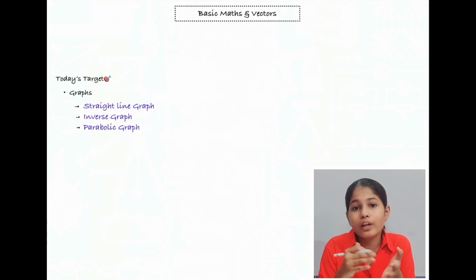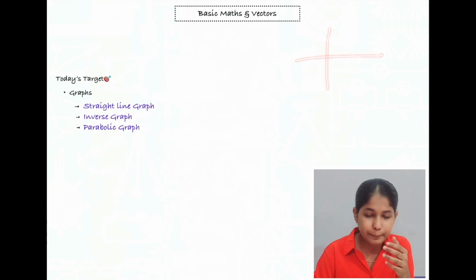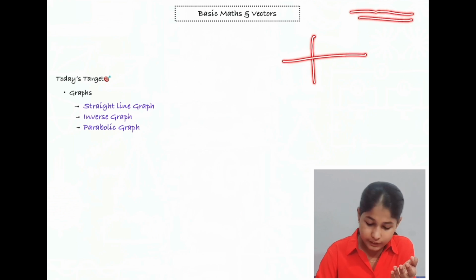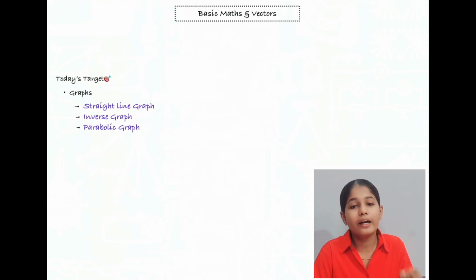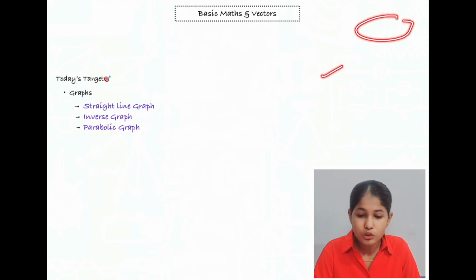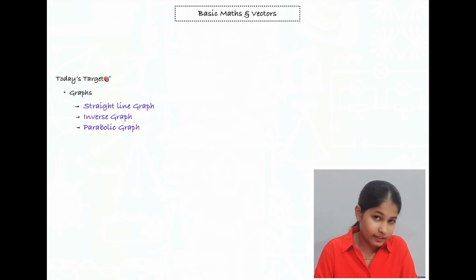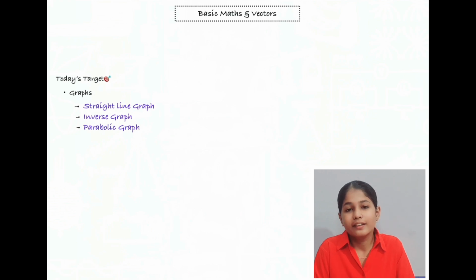Because sometimes in NEET it is asked that it will give you an equation and different types of graphs, and ask you to choose the correct option: which graph is following that equation, or which equation is following this graph. So you just have to choose the answer. For solving those questions very easily, you need to understand graphs.